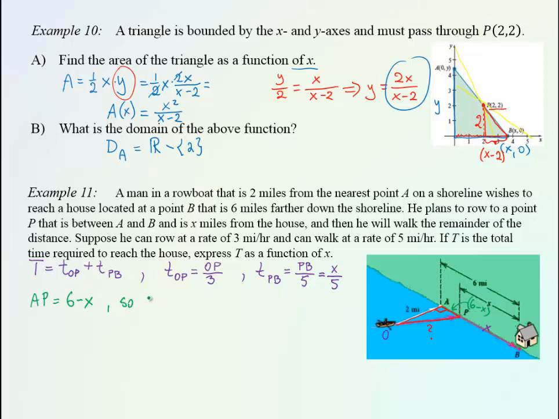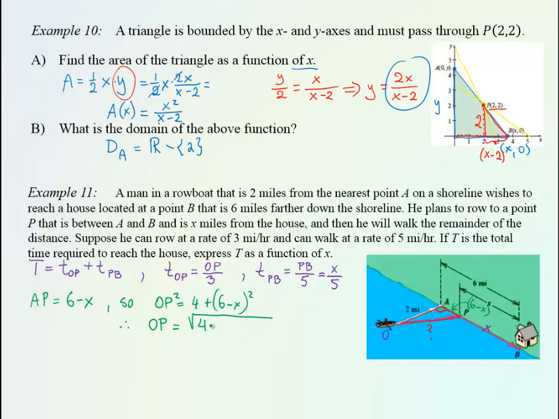So we can set up the Pythagorean equation stating that OP squared equals 2 squared, which is 4, plus AP squared, which is (6 minus x) squared. Therefore, OP by itself is square root of these two quantities.